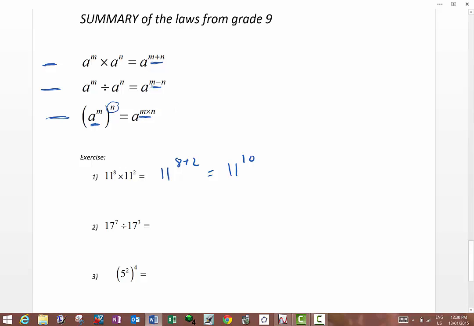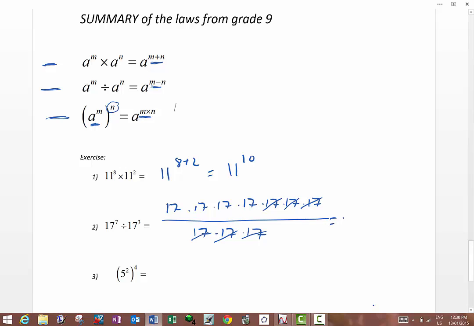In the second example, this is 17 times 17 times 17 times 17 times 17 times 17 times 17, and we're going to divide it by 17 times 17 times 17, and of course what this does is reduce the length of the chain by 3, and we're left with 17 to the 7 minus 3, which is 17 to the power 4.